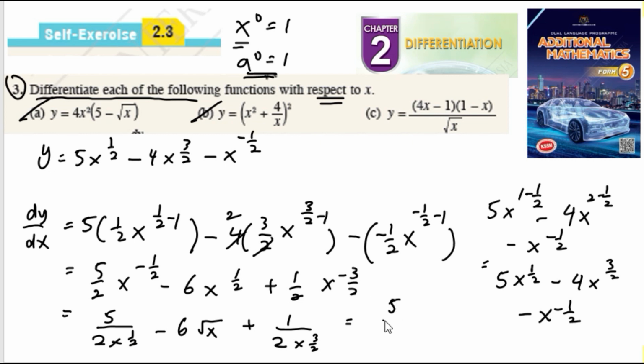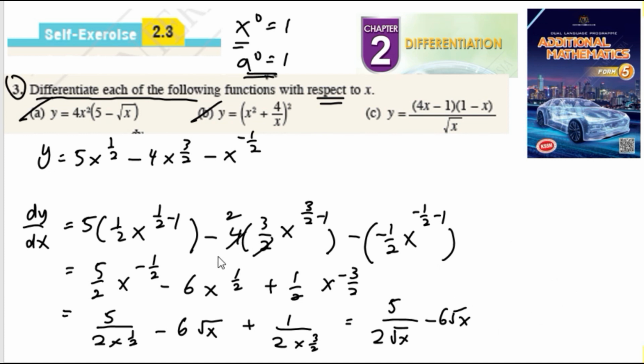So this one is 5 over 2 root x minus 6 root x, and this one would be plus 1 over 2 x to the power of 3 over 2. So we have 2 here, don't forget.